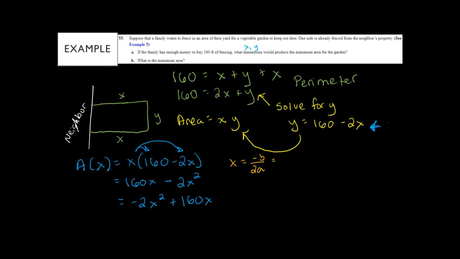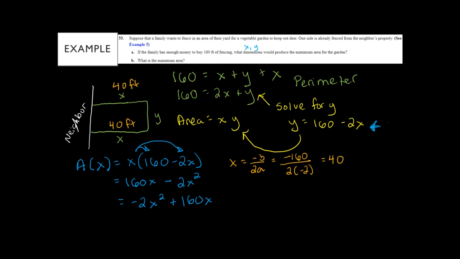So b is going to be 160. So this is negative 160 over 2 times negative 2. Just getting out my calculator. And I just typed that in wrong. So 40. So this is going to be 40 feet right here.